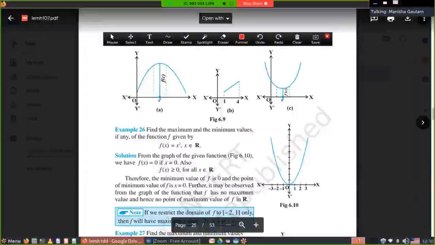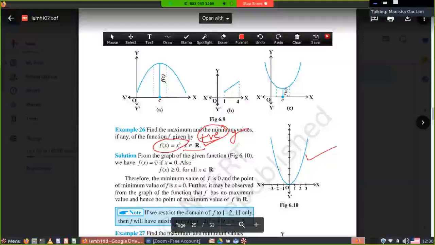Read the graph. Find the maximum and minimum values, if any, of the function f given by f of x is equal to x square, x belongs to all real numbers. See this graph. If you put the values of x, all real numbers, positive, negative, you are getting y is always positive. Now, what is the maximum value?